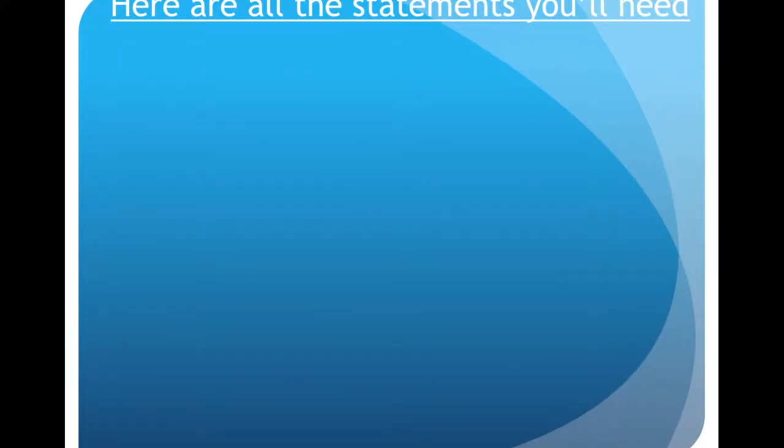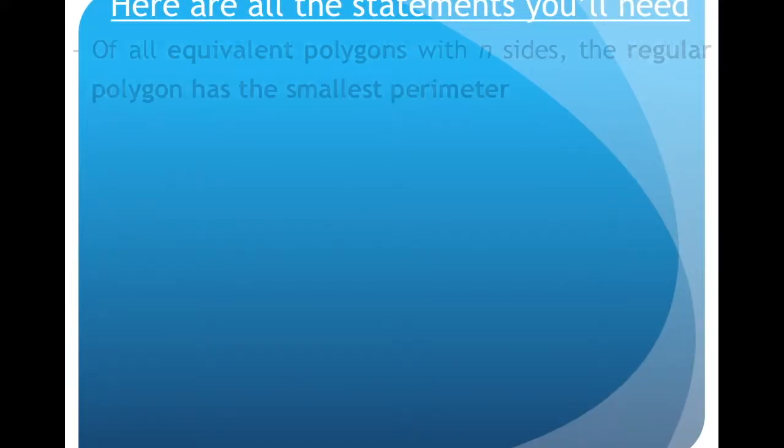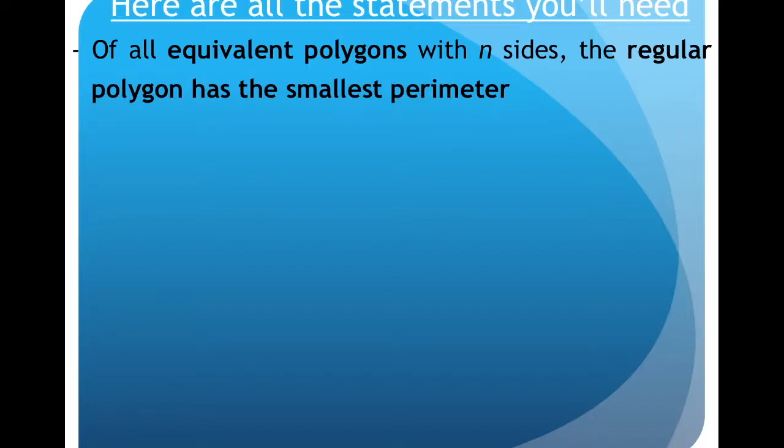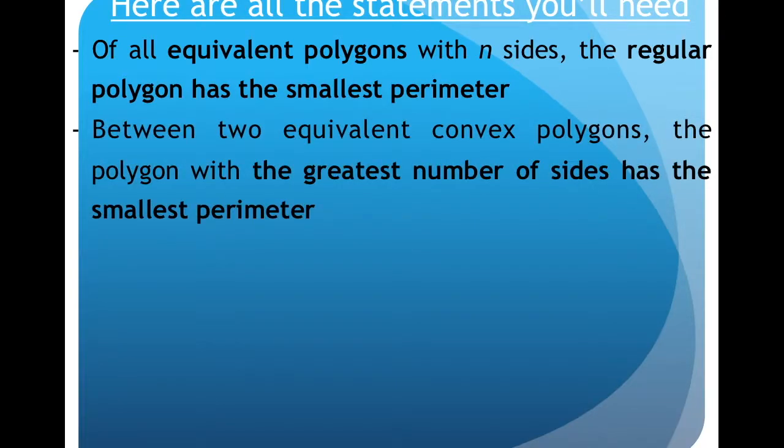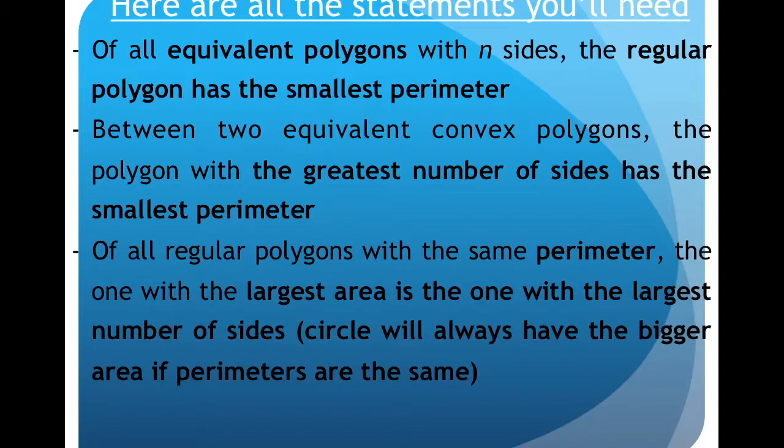So here are all the statements you need, just to recap. Of all equivalent polygons with n sides, the regular polygon has the smallest perimeter, remembering that a regular polygon has all sides the same length. Between two equivalent convex polygons, the polygon with the greatest number of sides has the smallest perimeter. Of all regular polygons with the same perimeter, the one with the largest area is the one with the largest number of sides.